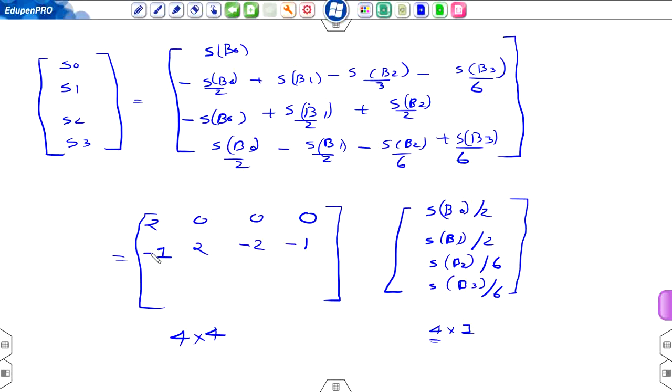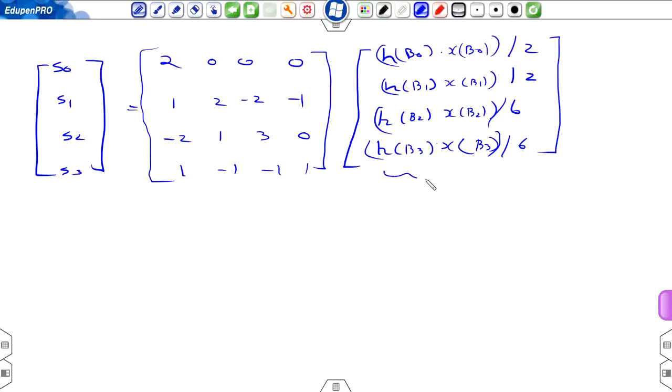Okay, in a similar way, in the third row we have minus 2, 1, 3 and 0, and in the last row 1, minus 1, minus 1 and 1. Okay, so now S of beta i can be written as h of beta i into x of beta i.